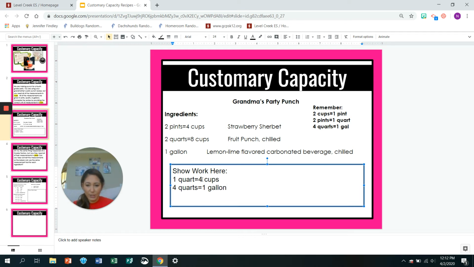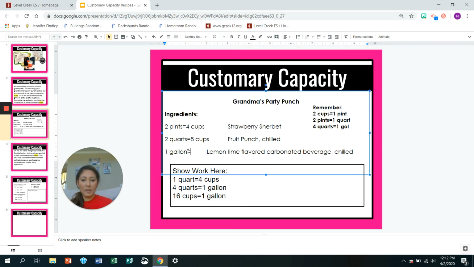Then what we can do is multiply 4 by 4, and that will tell us how many cups are in a gallon. So 4 times 4 is 16. So there are 16 cups in 1 gallon. Okay, so 1 gallon equals 16 cups.